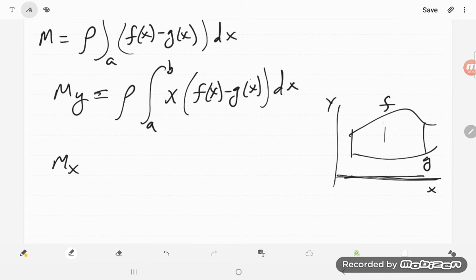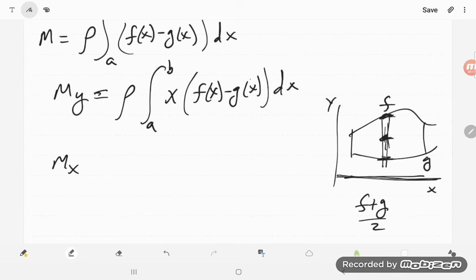And so we can take a mass here, but our distance we're going to use is, again, that average of this whole height. And to get that average there, that point, that is going to be f plus g over 2.